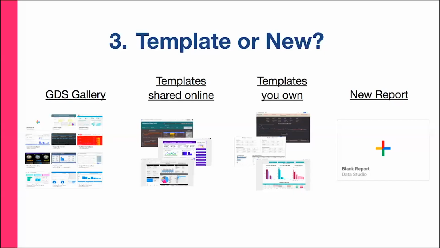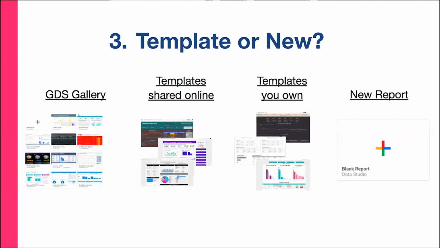Therefore, when you start to build the report, you can decide whether you want to use a template or create a new report. There are 4 options. Then there is the Google Data Studio Gallery, which provides quite a lot of reports.